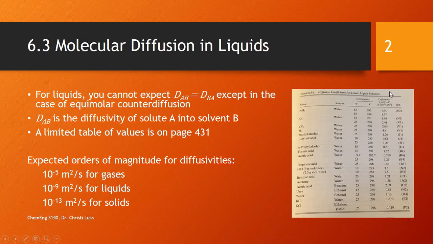Now, if you do look at this table, you will see that the diffusivity is in meters squared per second times 10 to the ninth, meaning the diffusivity times 10 to the ninth is 1.64. So the diffusivity is 1.64 times 10 to the minus ninth. And then we'll also see very soon that for solids, we're going to go orders of magnitude smaller, 10 to the minus 13th meters squared per second.